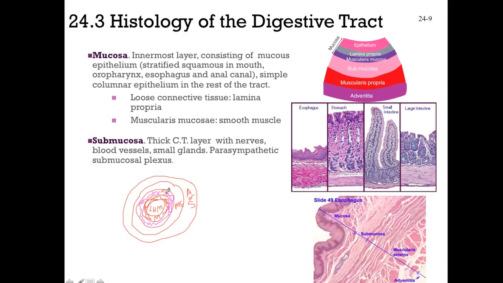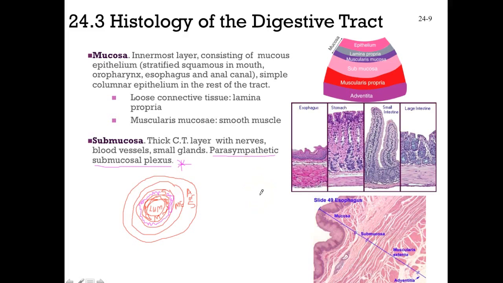So lots of nerves, blood vessels, and we'll also see some small glands. And what's really important is this parasympathetic submucosal plexus, which we'll discuss a little bit later in our lecture. So just remember, we've got this important nervous tissue here, the parasympathetic submucosal plexus.